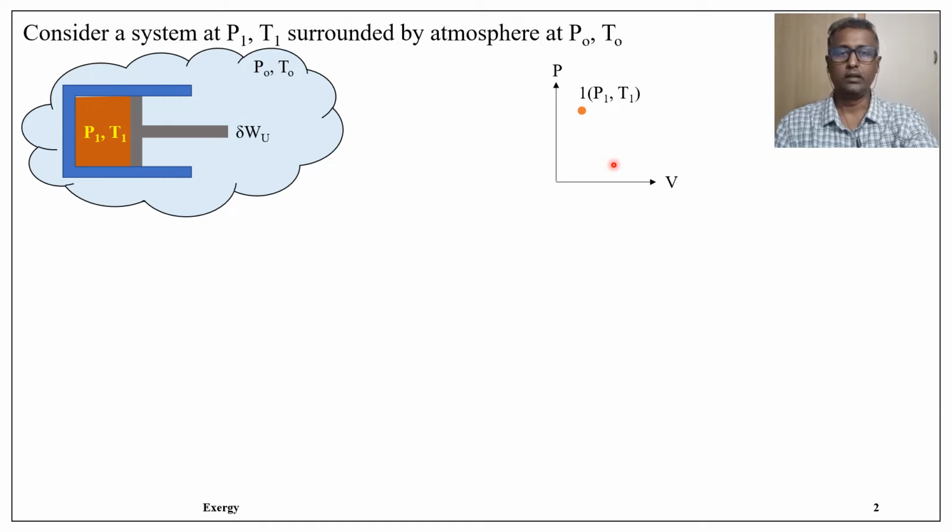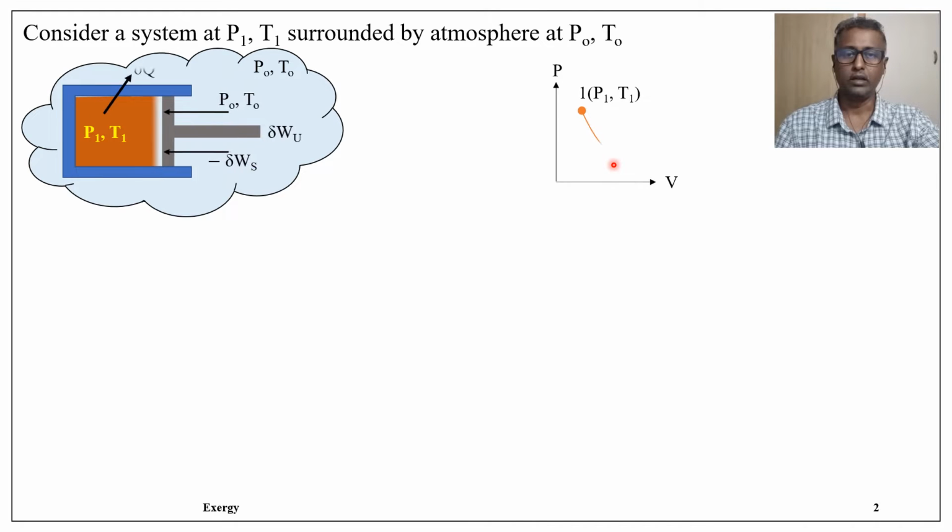If the system is allowed to expand, it performs work on the surroundings, loses heat to the surroundings, and reaches equilibrium.